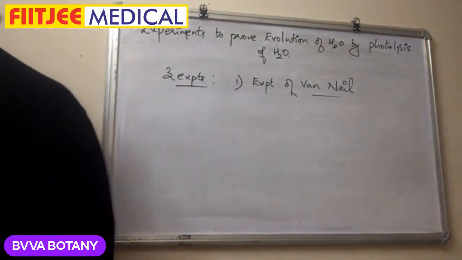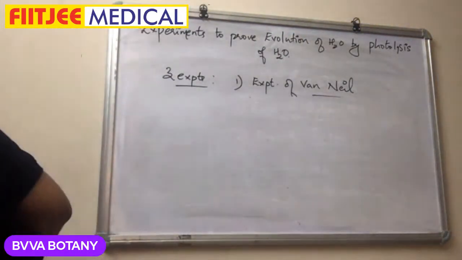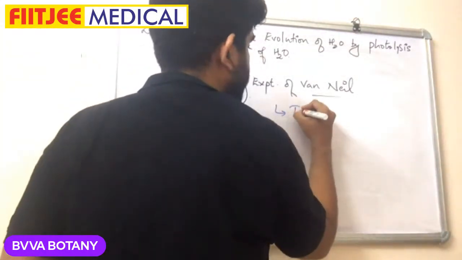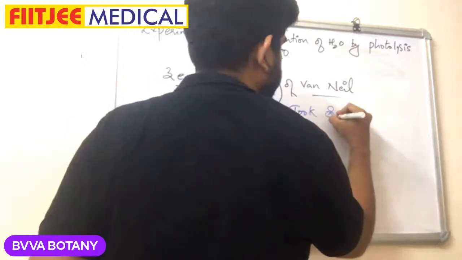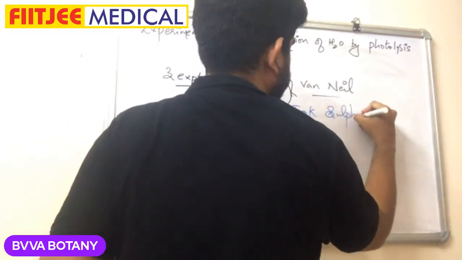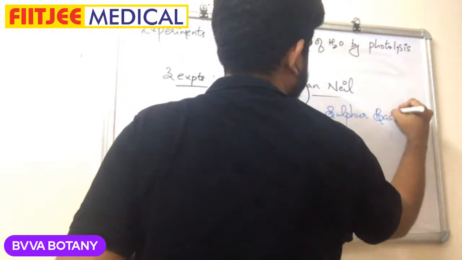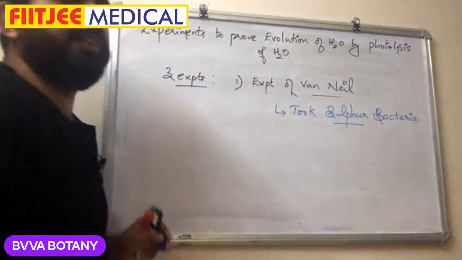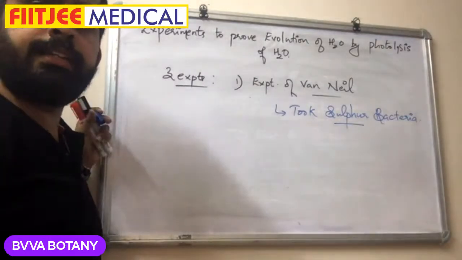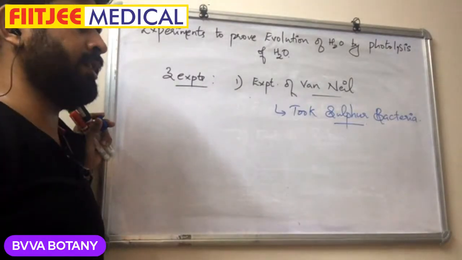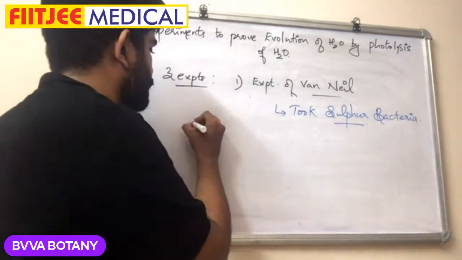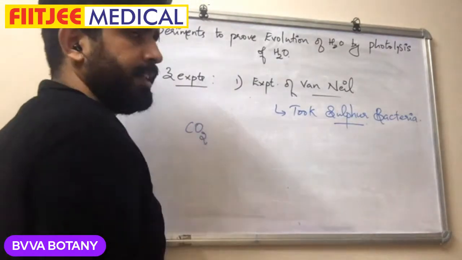Van Niel actually had taken sulfur bacteria as an experiment organism. Sulfur bacteria, you have already studied in the classification. In the photosynthesis of sulfur bacteria, they also utilize carbon dioxide.